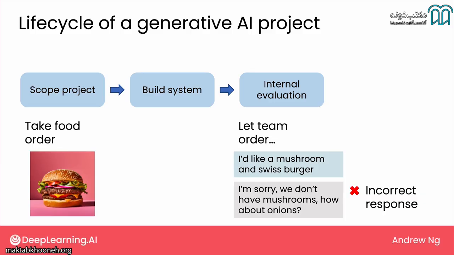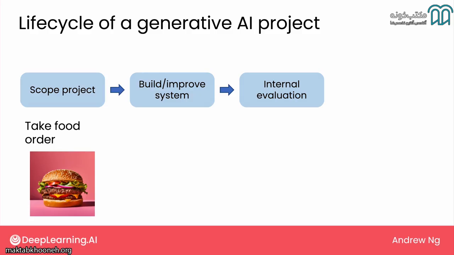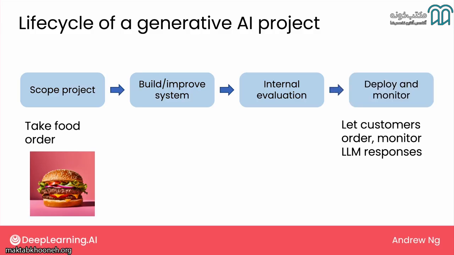Similar to what we saw for the restaurant reputation monitoring system, it will be by discovering mistakes like these that you can improve the system. And after you're sufficiently confident that this is safe to deploy externally, you can then deploy it and let customers place real orders and monitor the large language model's responses to make sure that if it still says anything it isn't quite supposed to, you can continue to improve its performance.